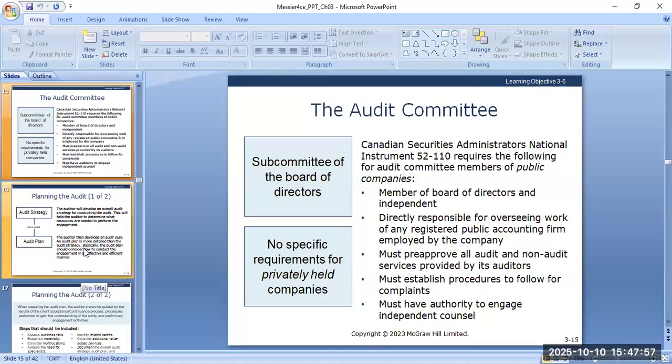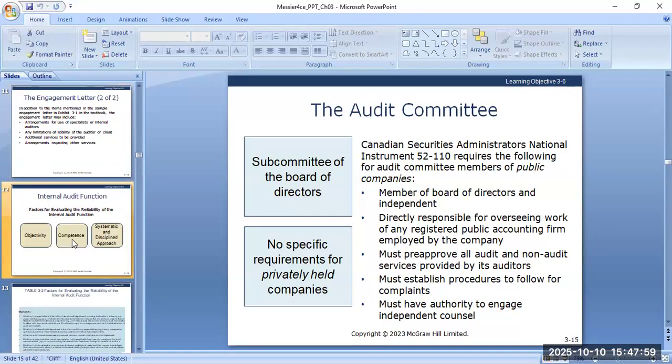So basically, we as auditors are going to check, is this in place?